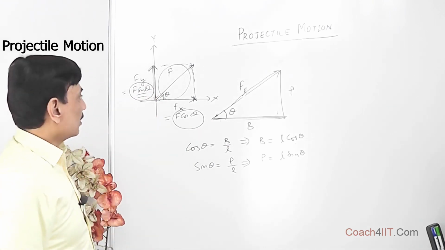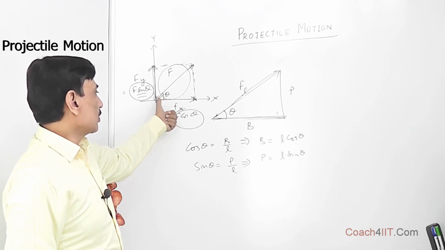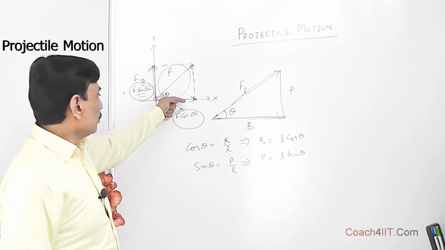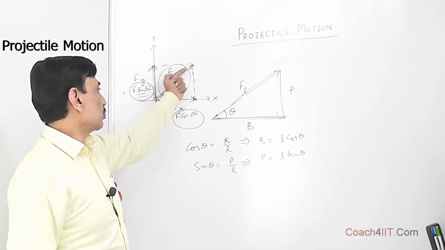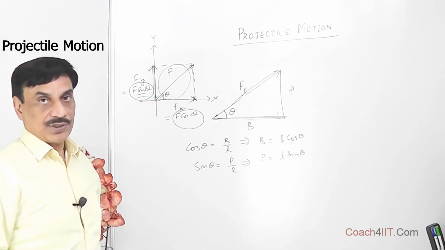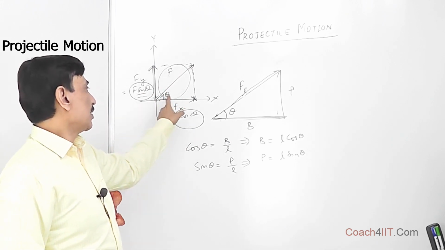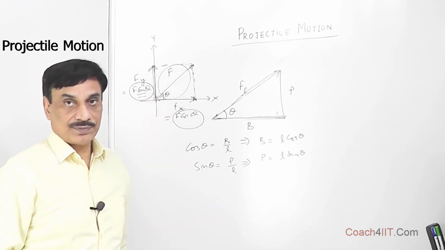So we can either remove this F and represent it by two forces, one F cos theta, the other F sin theta, or if we remove these two forces, we have to show only one force F this way, making angle theta with the positive x-axis in the upward direction. So these are components of F which is being applied at angle theta with the positive x-axis in the upward direction.